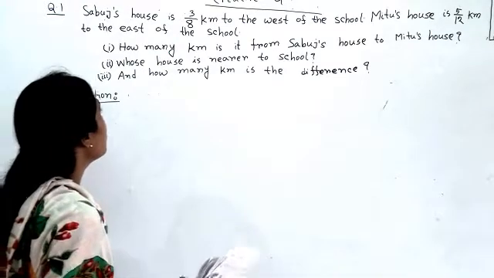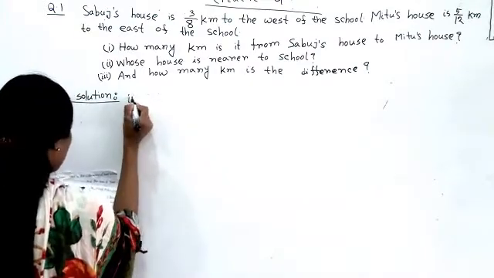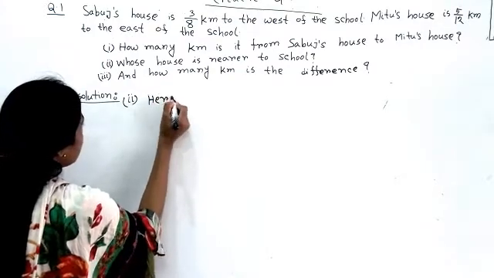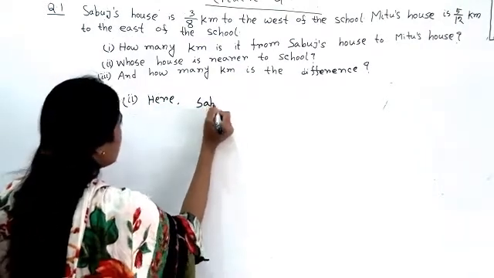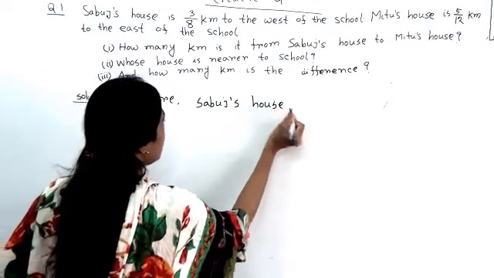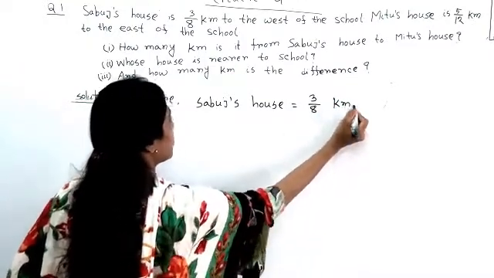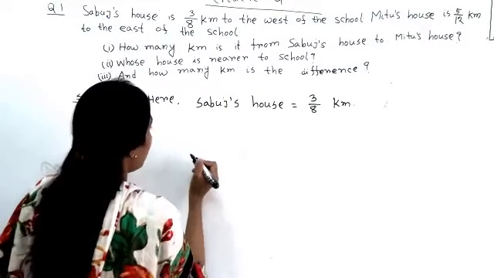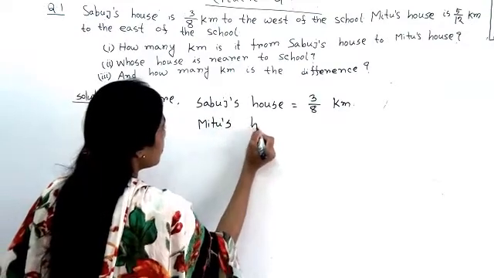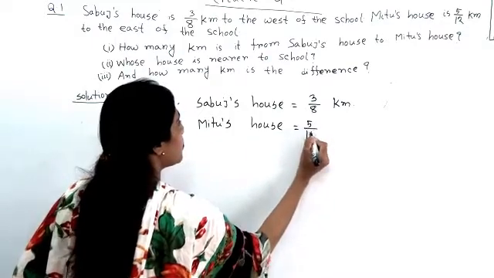Question number 2. Whose house is nearer to school? Solution. Here Shobu's house is 3 divided by 8 kilometer and Mitu's house is 5 divided by 12 kilometer.